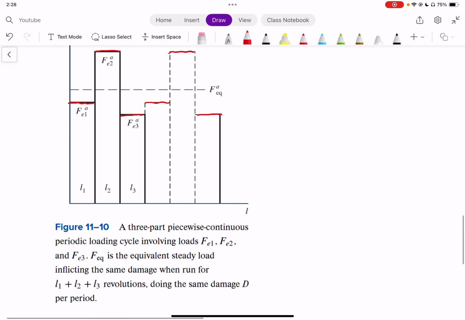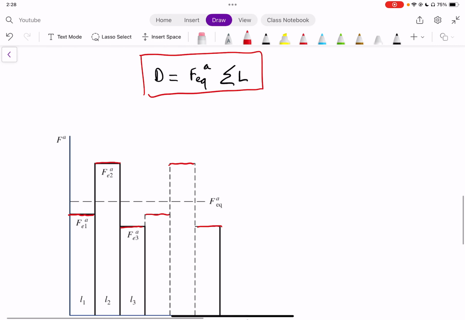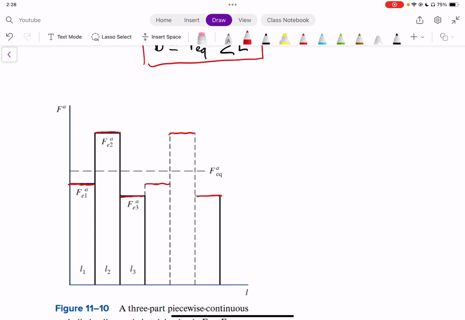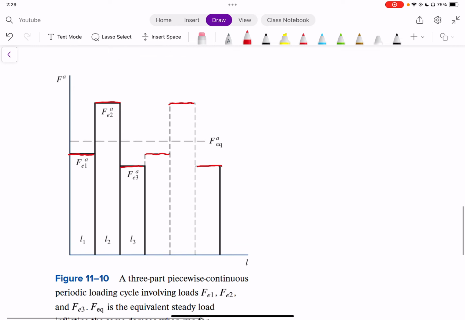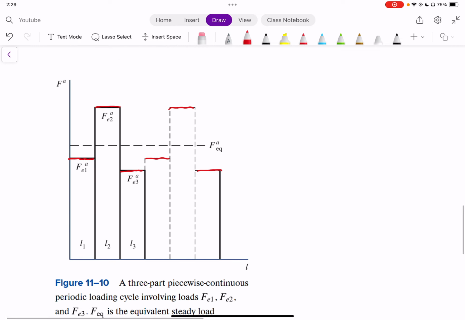Now, L is going to be the period of the slice. So it's going to be the revolutions for each slice, not the total amount. So if we write down an equation for this, we could say that the damage is going to be equal to FE1 to the power of A. And as you can see, we're using FE, which is our FE calculated from our previous video, where we could find a radial and axial.